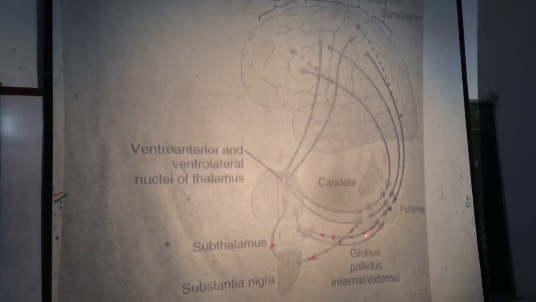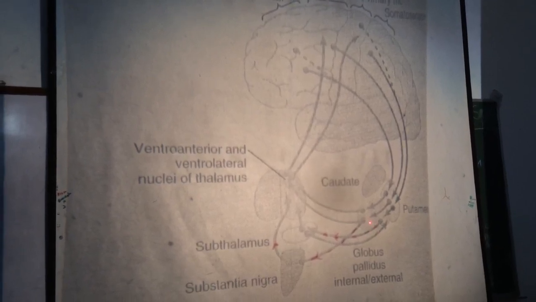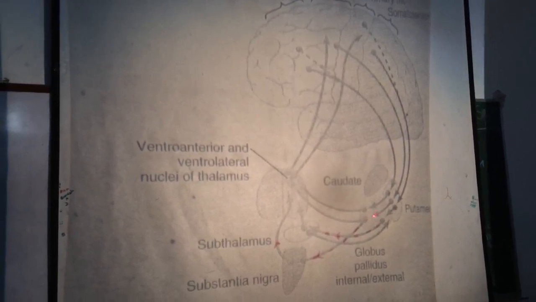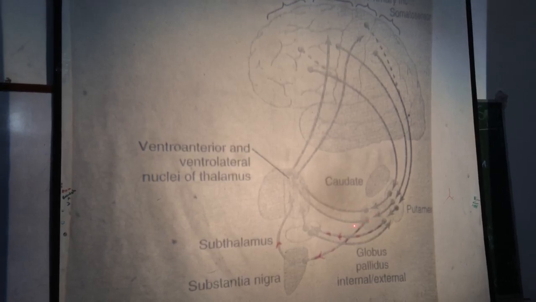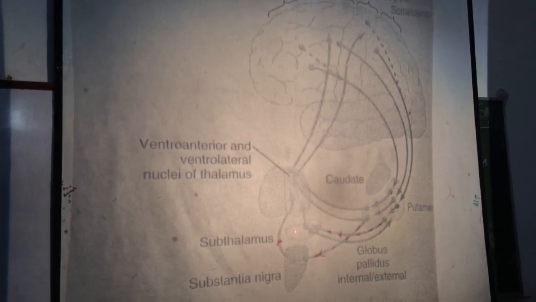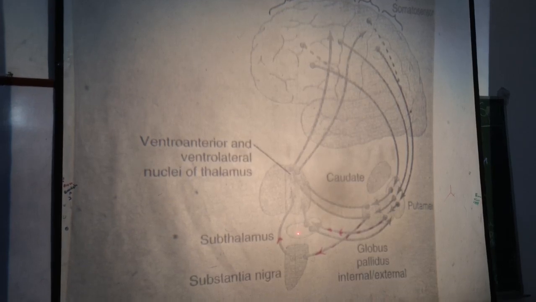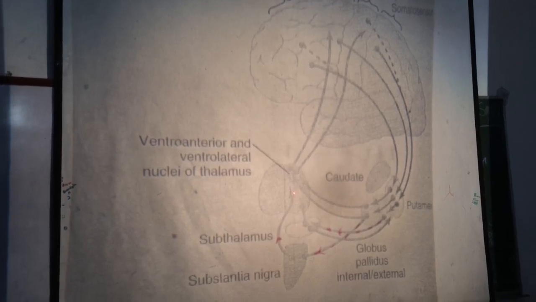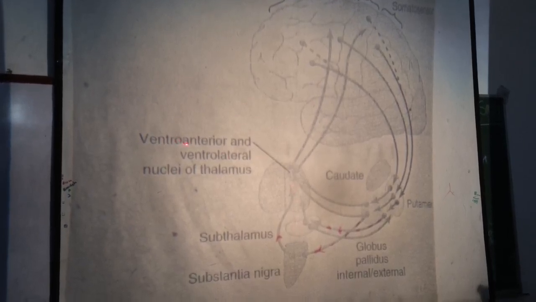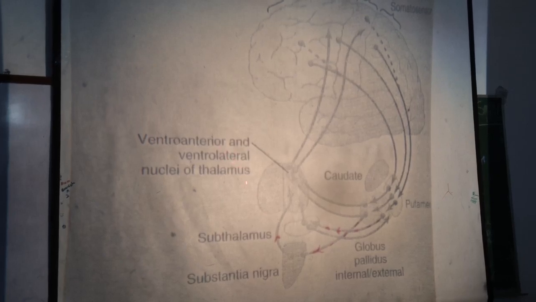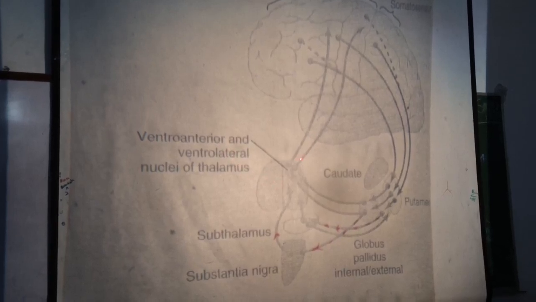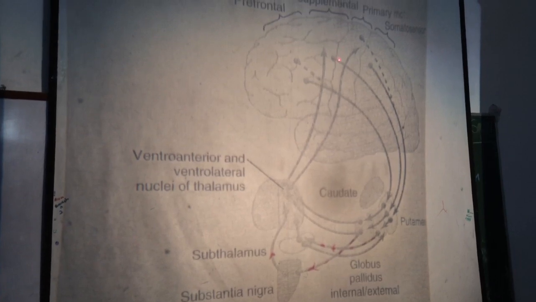Another additional connection with this circuit is from the globus pallidus to the subthalamic nucleus, and then to the ventro-anterior and ventrolateral thalamic nuclei, and then to the cerebral cortex.